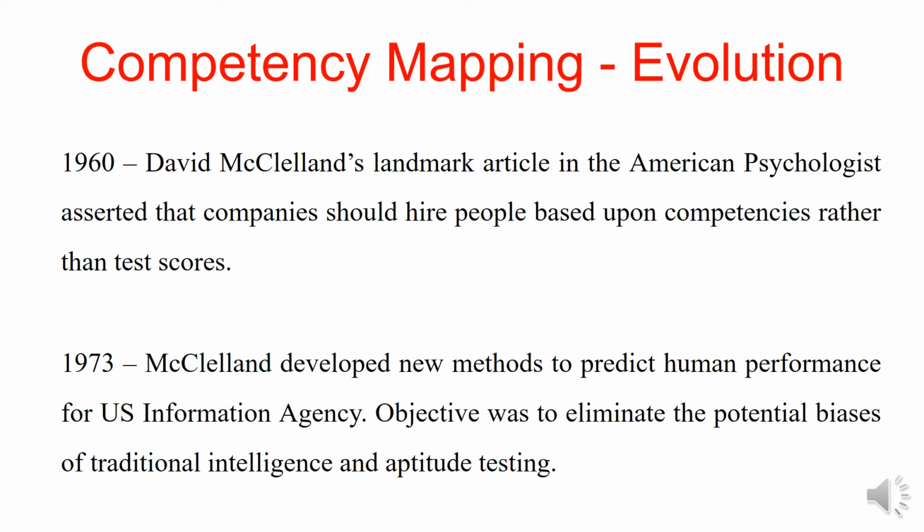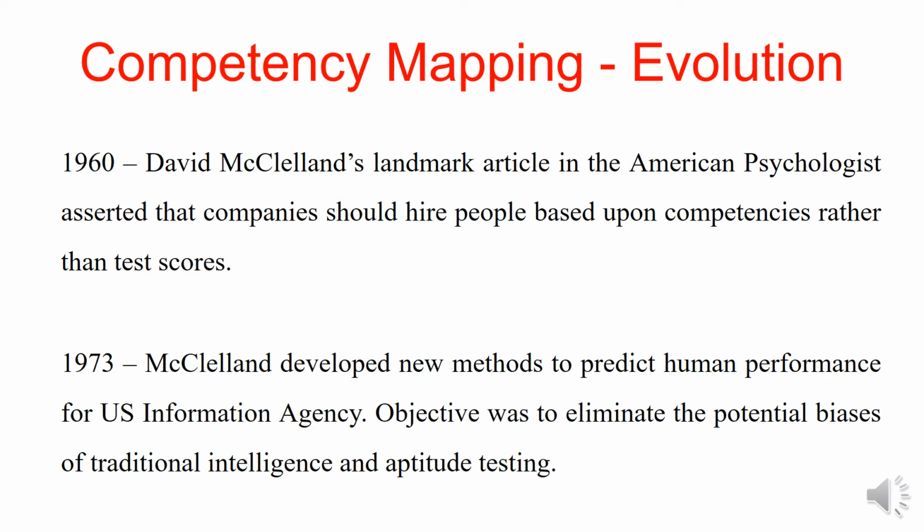The 1960s was the year when David McClelland, an American psychologist, published a landmark article arguing that people should be hired based on their competencies rather than on the scores they get in an examination or evaluation.